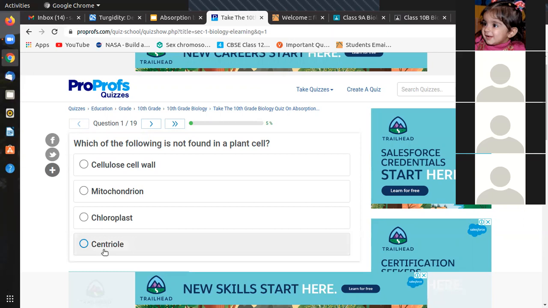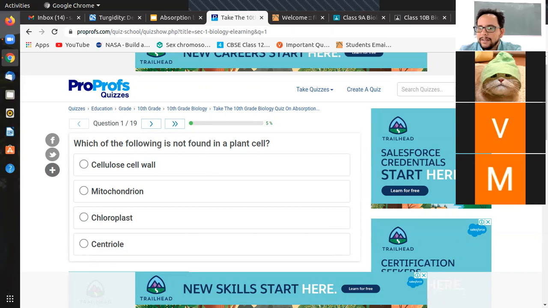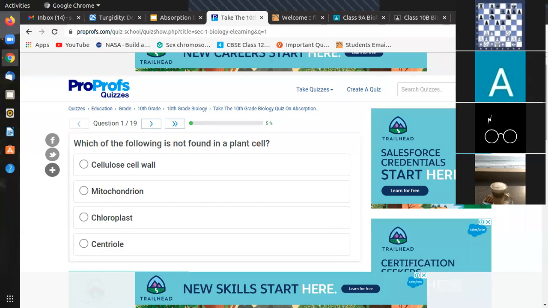Centriole is not required. Instead, there is something else. What is it? Does anyone know? Aditya? Centrosome, I think. No, centrosome is the two centrioles together. Centrioles are not there, but there is something similar. It starts with A.